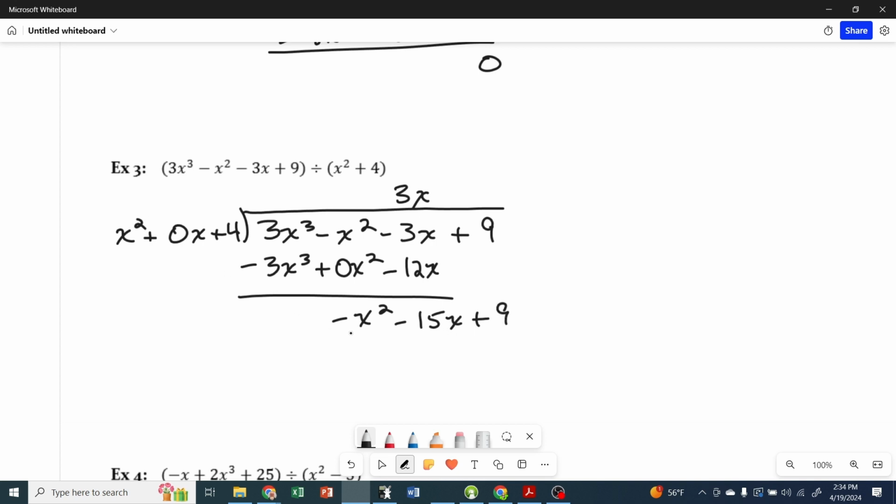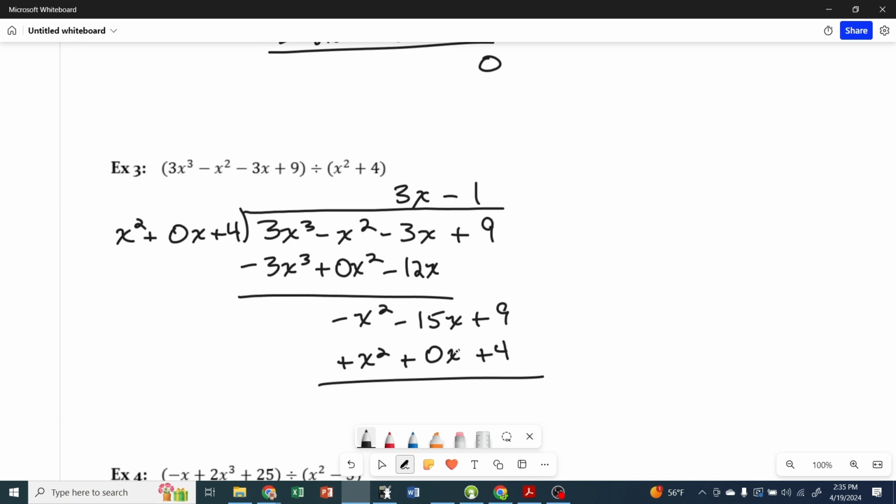X squared goes into negative x squared negative 1 times. So now we multiply again. Negative 1 times x squared, negative x squared, change the sign to positive. Plus 0x. Negative 1 times 4 is negative 4, change the sign to positive 4.